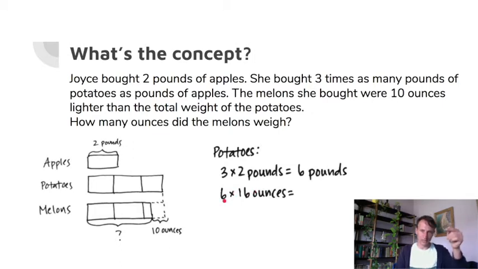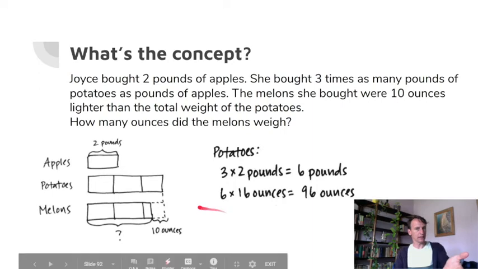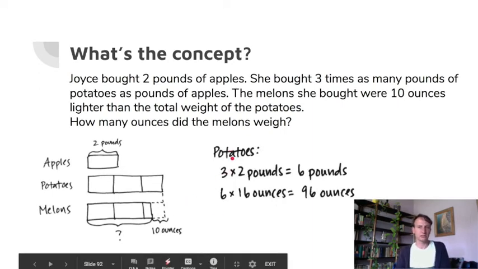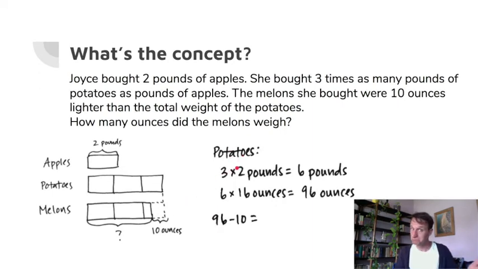Watch. 6 times 10 is 60. Hold on to that. 6 times 6 is 36. 60 and 36. 60 and 30 are 90. And 6, 96. 96 ounces total. And then it's just 10 ounces less. So just 96 minus 10. 86 ounces. That's our final answer.